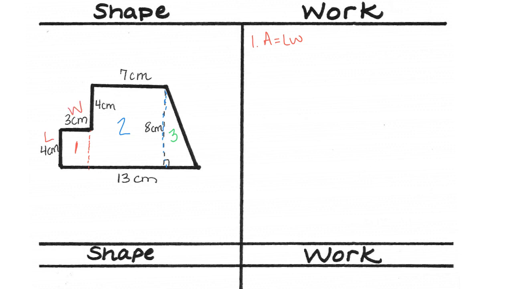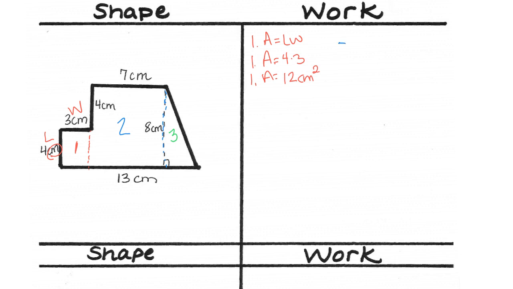So this is the length, and this is the width. So now we put those in for the area. And then don't forget, we always label. So our first area is 12 centimeters squared.